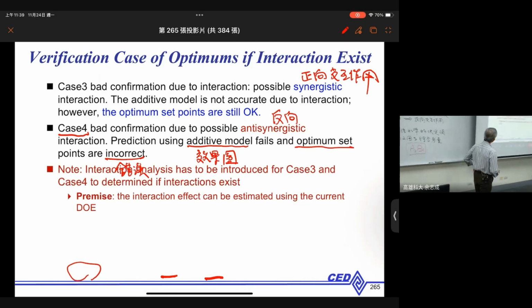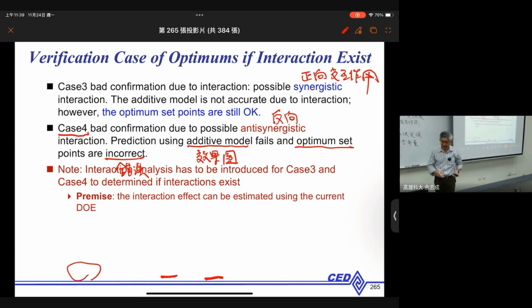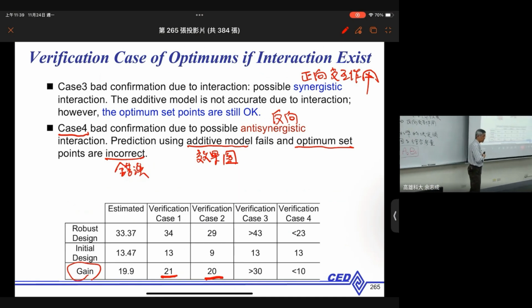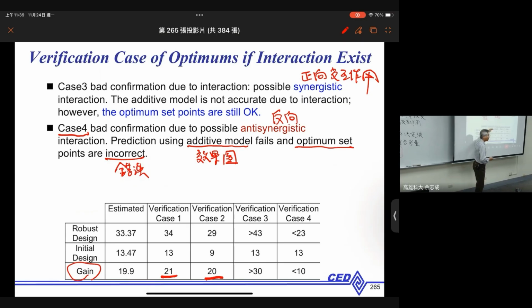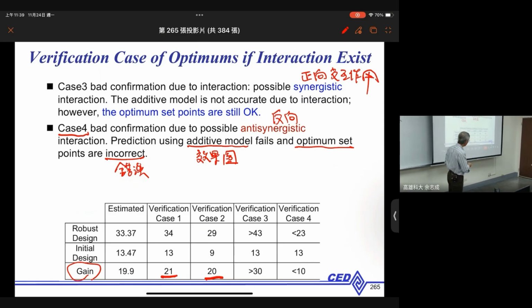Therefore, Taguchi uses the verification table first before going to the interaction analysis. During the verification of the optimum, if it is case 3 or case 4, it means that you might be in trouble, especially if it is case 4.